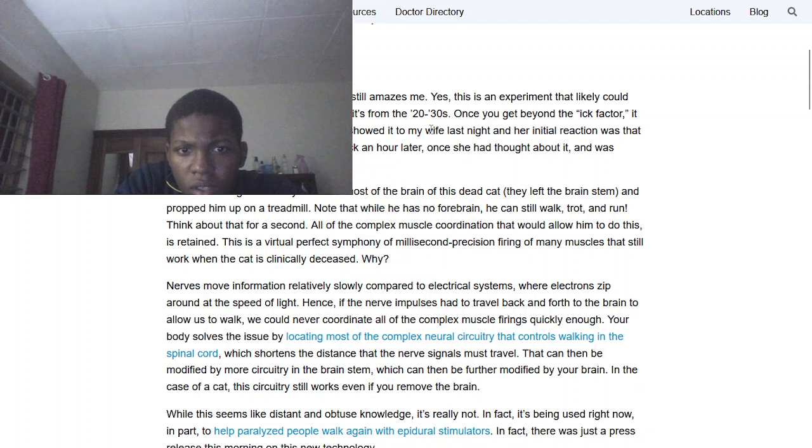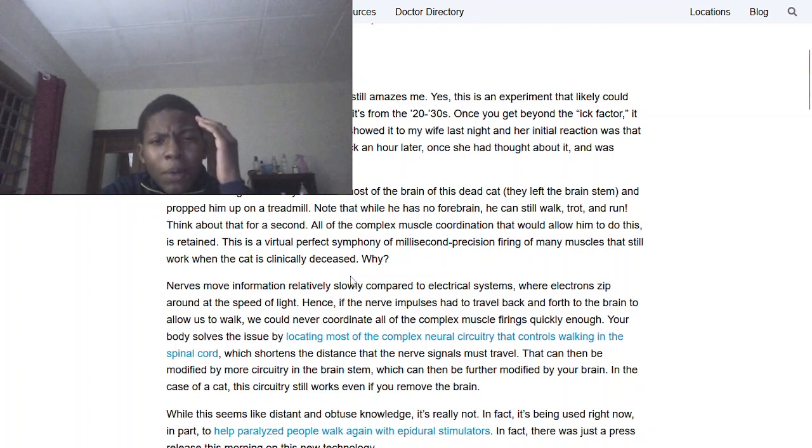They removed most of the brain of a dead cat. They left the brainstem and propped him up on a treadmill. What? How did they get it to work?